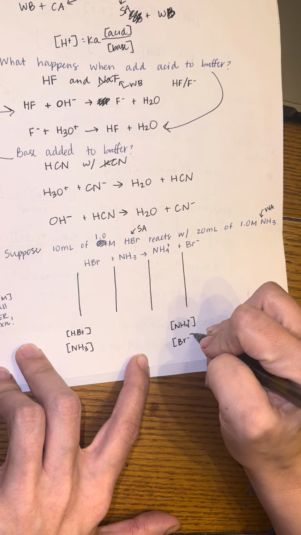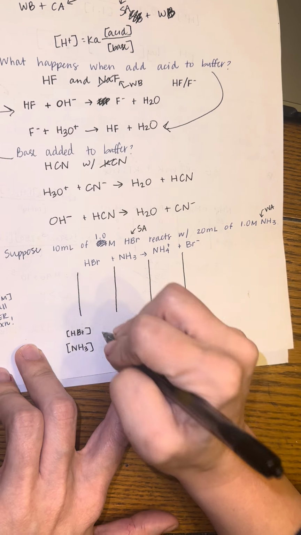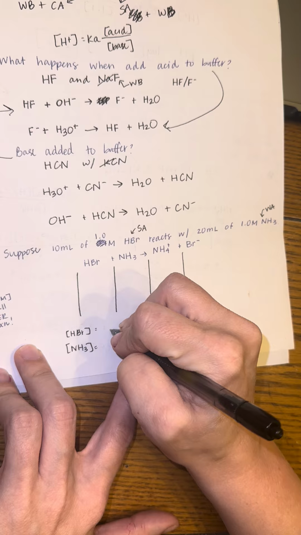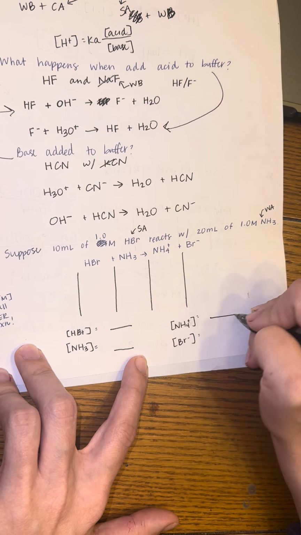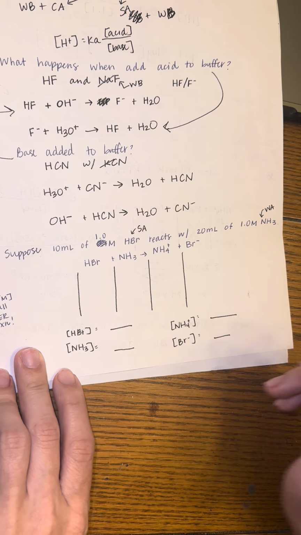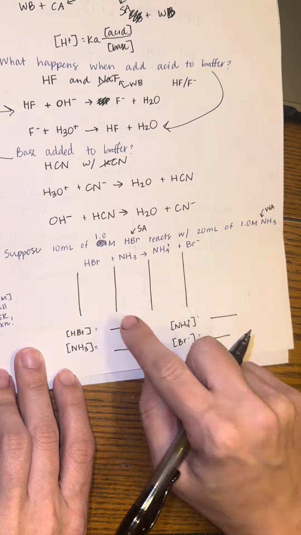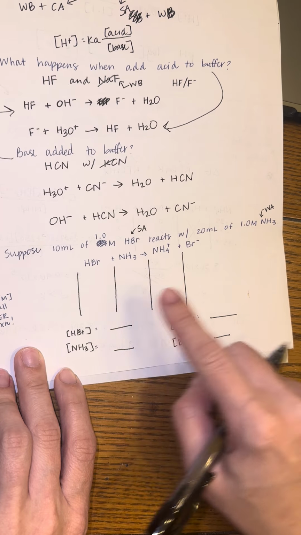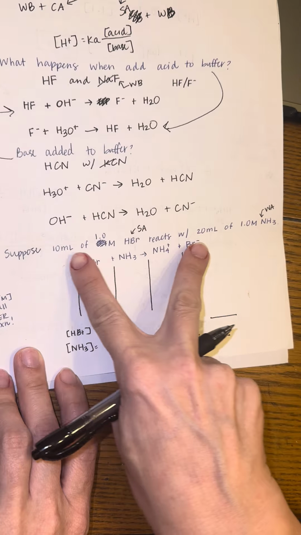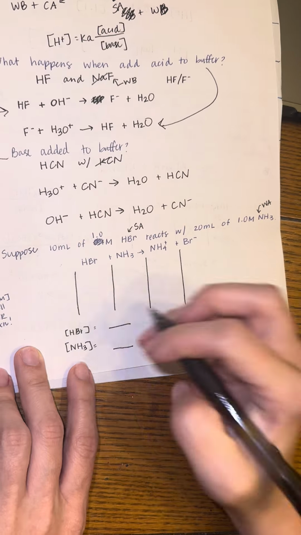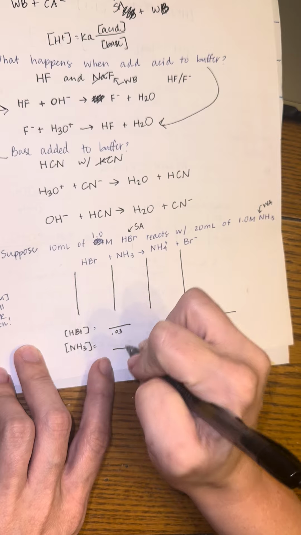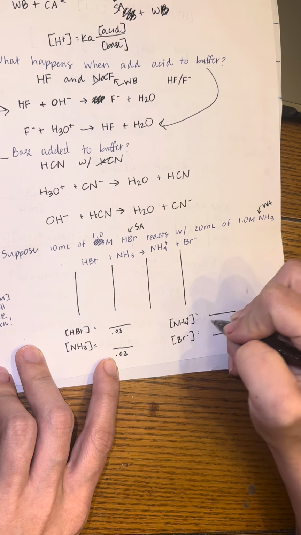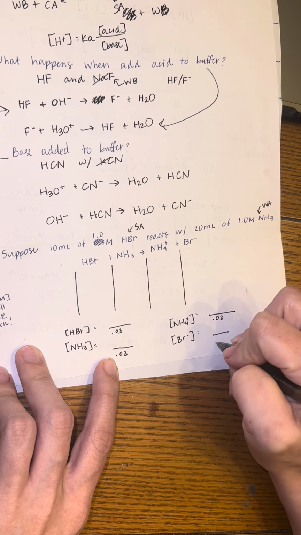On a test, I don't think you would have to find all of these, but you might be asked for one or two. So molarity for all of these will be over total volume, right? After the reaction, how many moles do we have over total volume? So I'm just going to plug in total volume now, 30 milliliters. So the denominator for each one, I'm going to make 0.03.